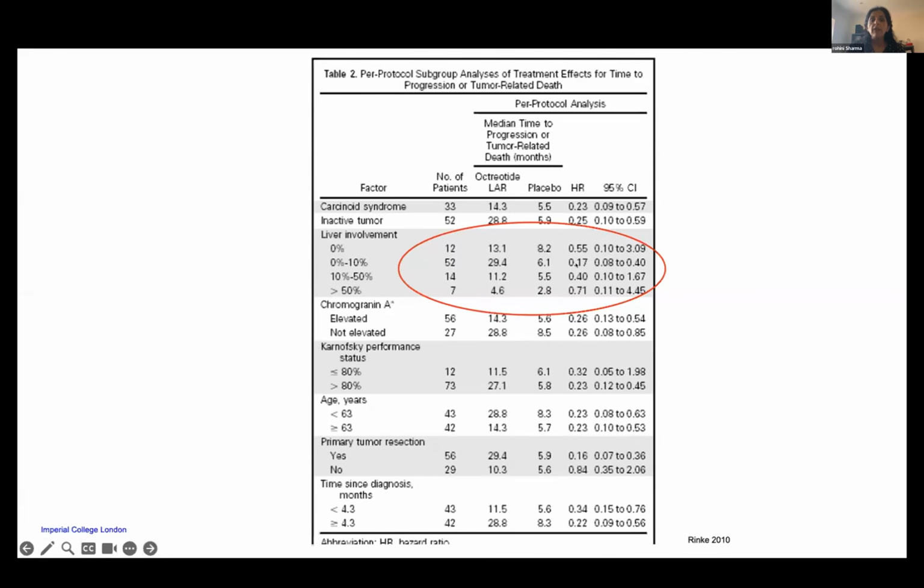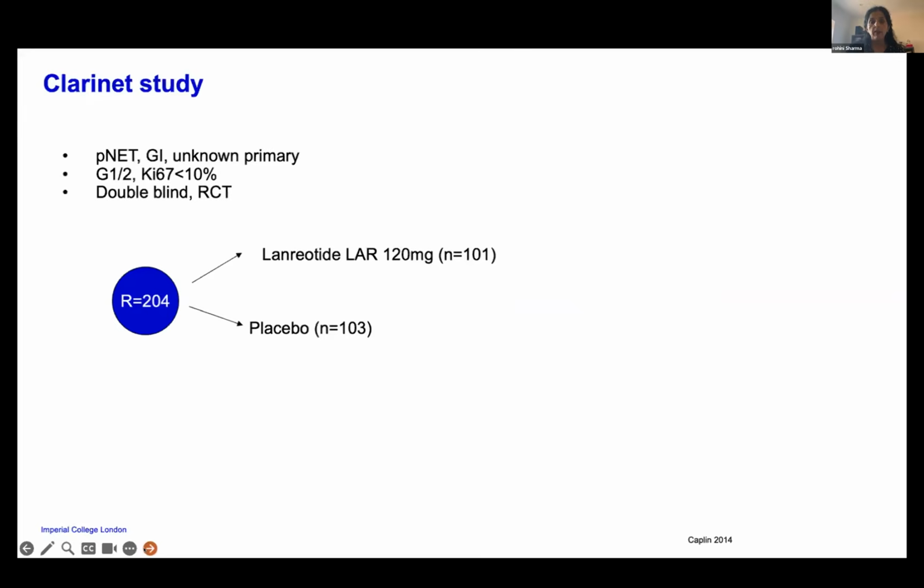So the maximum benefit was really in those patients who had very low liver volume involved. Even when you got above 10%, your benefit reduced, and you can see here that the confidence intervals are crossing 1. So the PROMID study tells us that we should think about using octreotide in those patients who have low volume disease from mid-gut tumors. So what about pancreatic neuroendocrine tumors?